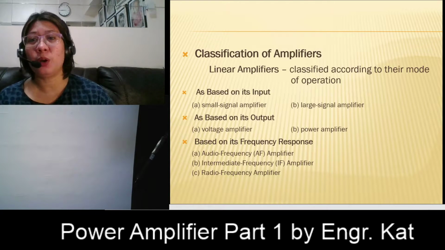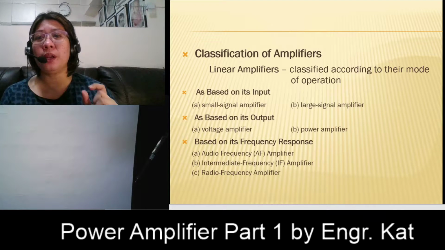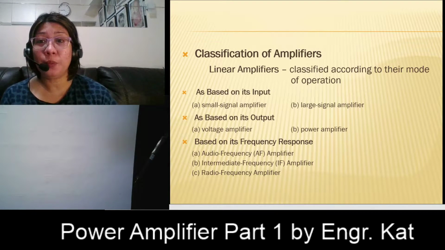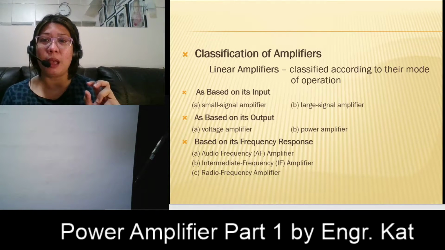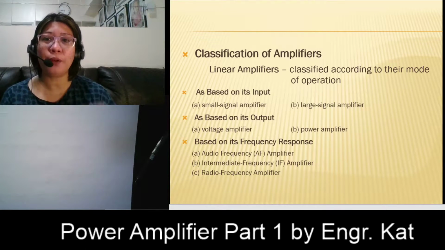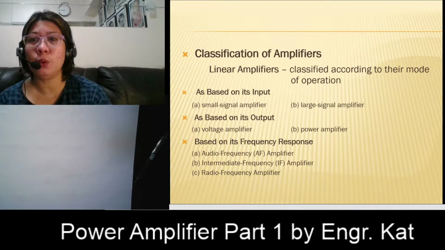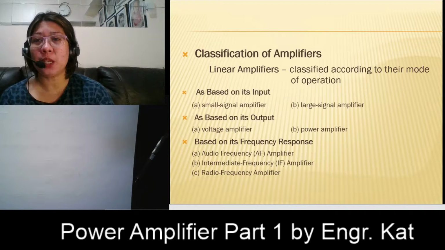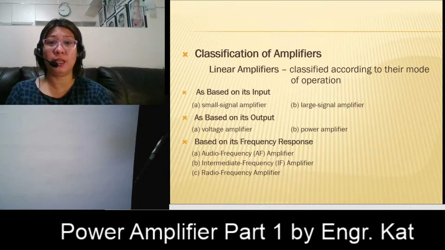Actually, it's not about the numerical value. It's about whether your signal stays within the center of your active region and is free of distortion, therefore we are dealing with small signal amplifiers. But if it reaches the saturation and the cutoff regions, therefore we are dealing with large signal amplifiers.